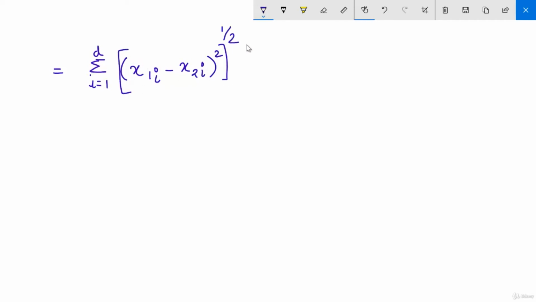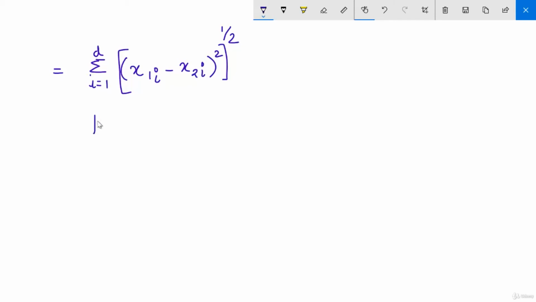I hope now you are getting what I'm trying to say. It's just the Pythagoras theorem: x1 minus x2 the whole square plus x2 minus x1 the whole square, under root, which we define as power 1 by 2. I know you know this much. I'm just representing it like this.